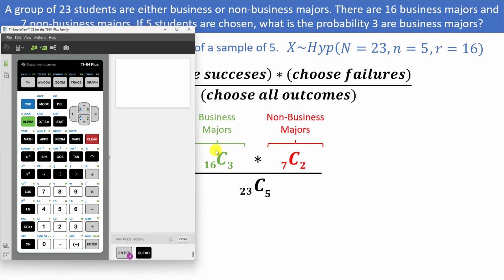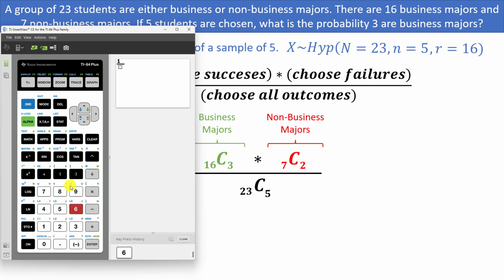So if you want to get the fraction set up kind of like we have here, press the alpha key, the y equal key, and then enter, and you will have the fraction. If that doesn't work, then either your calculator is not updated enough, or you may need to go into the mode and turn on math print mode. Okay, so then we can type in the combination.